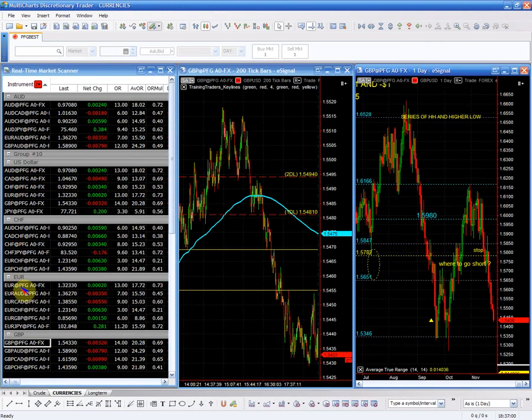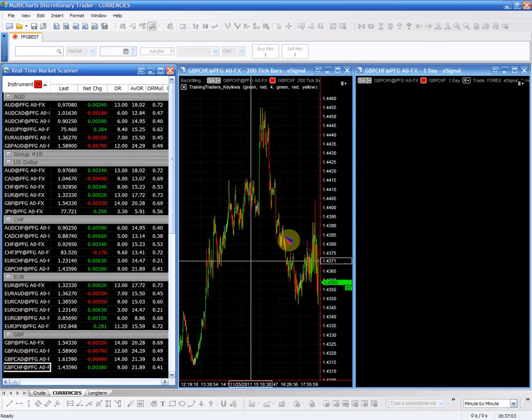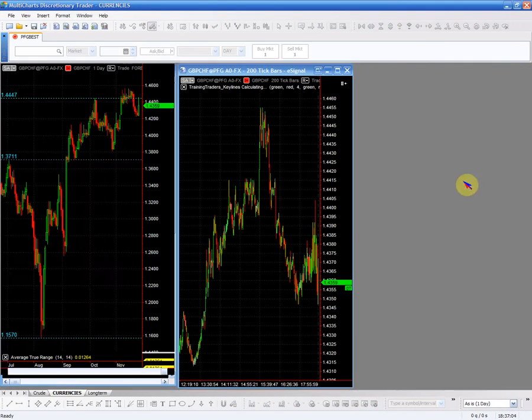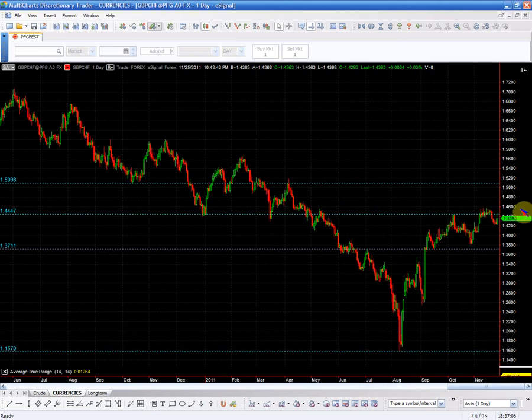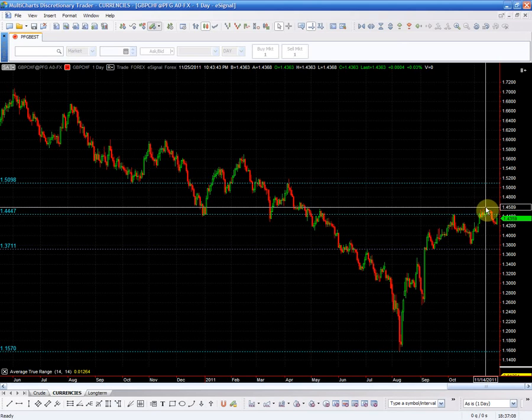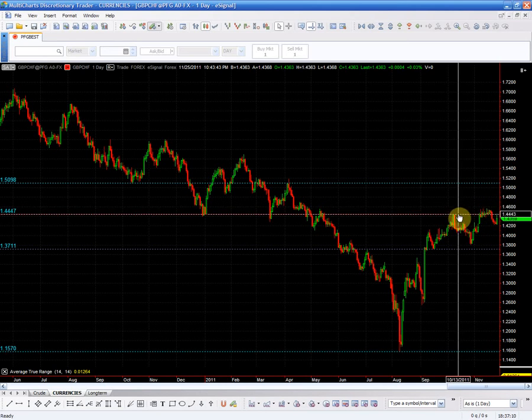If I put the pound Swiss, you can see that now we are in an uptrend. The uptrend in the pound Swiss is not particularly British pound strength. On the contrary, this is Swiss franc weakness. And that's all we want. We want to buy the strong and we want to sell the weak.